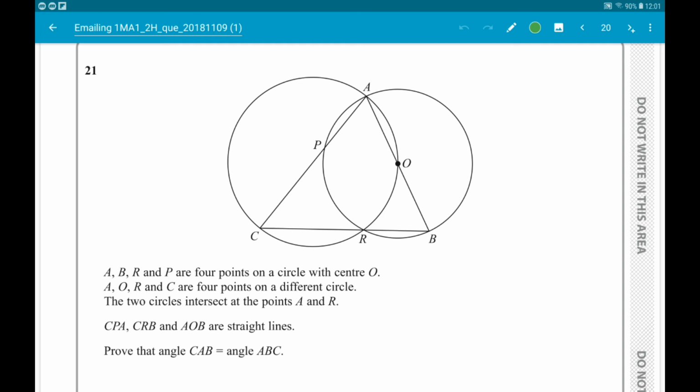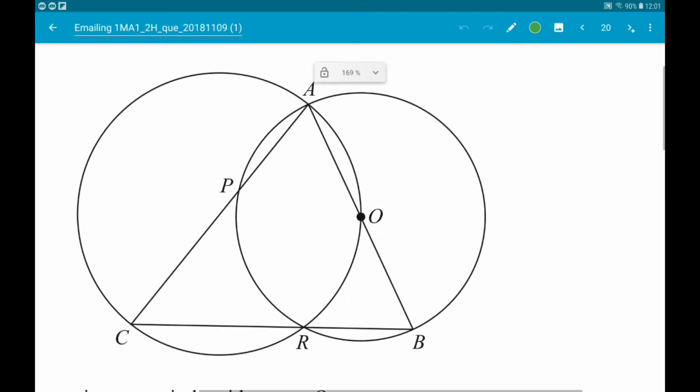We're told CPA, CRB and AOB are straight lines, so we have a triangle. We want to prove that angle CAB is equal to angle ABC. So, angle CAB is this guy up here.